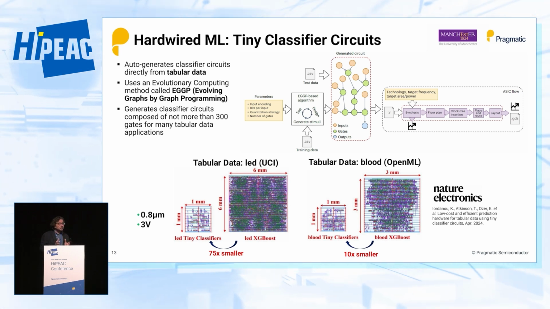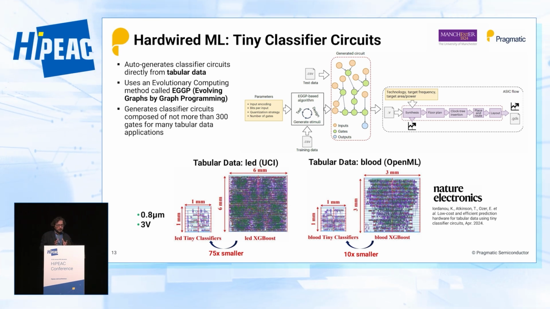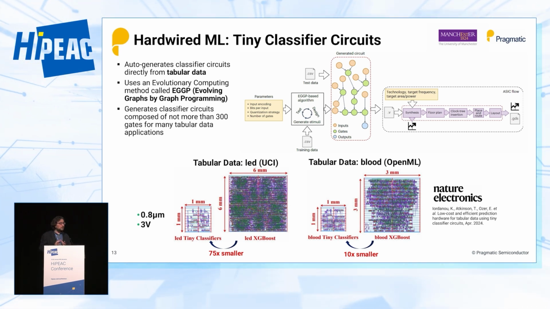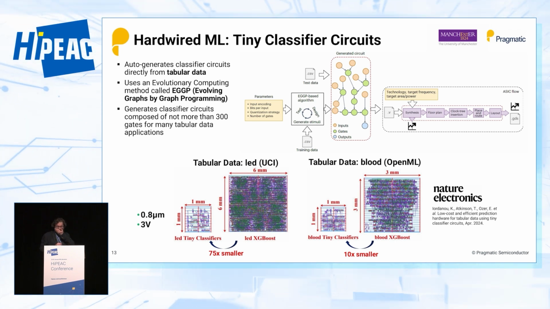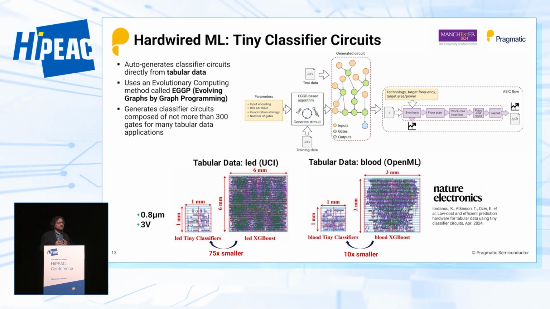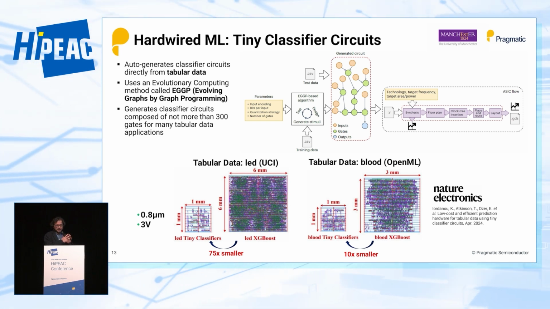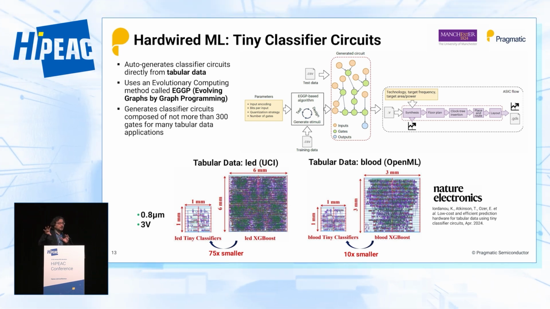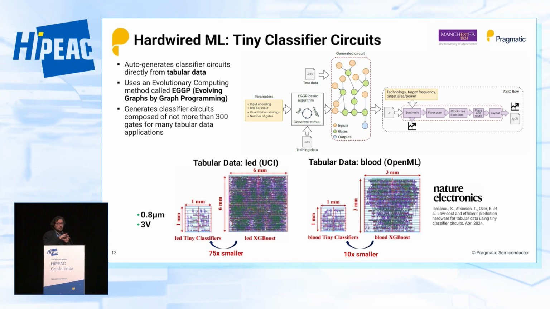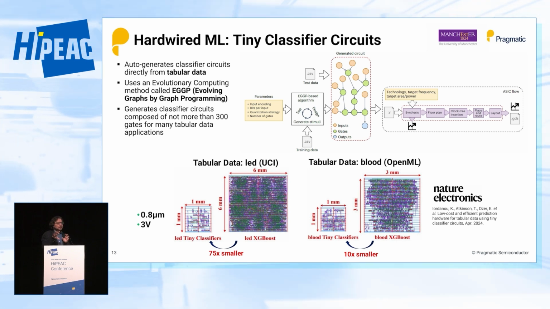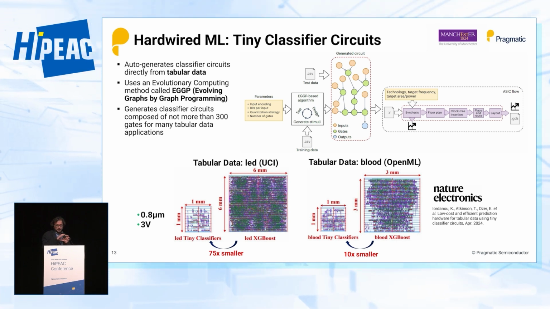We use an evolutionary technique called EGGP, evolving graphs by graph programming. You take the tabular data, it could be any tabular data, and you want to create a hardware that does the inference. So we are generating the inference hardware directly from the data.